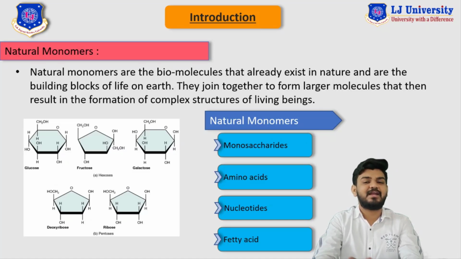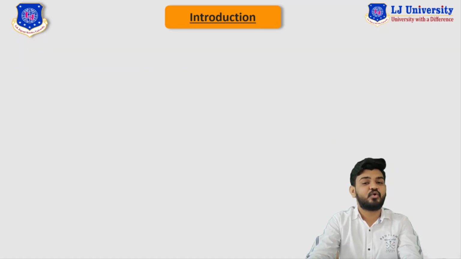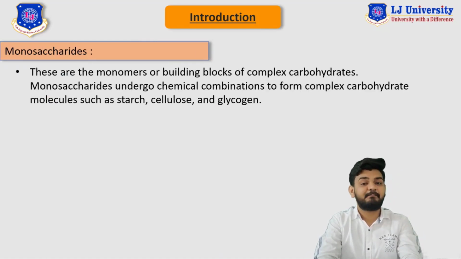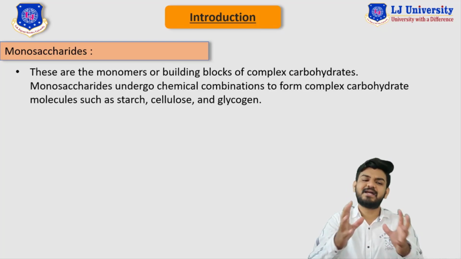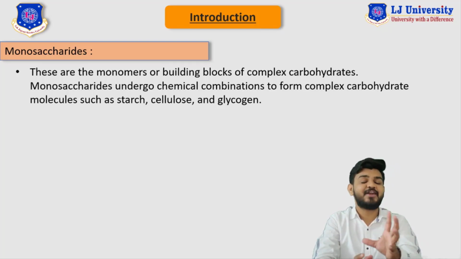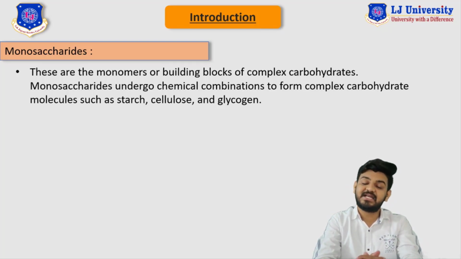So now let me introduce you to the monosaccharides. These are the monomers or building blocks of complex carbohydrates. Monosaccharides undergo chemical combination to form complex carbohydrate molecules such as starch, cellulose and glycols. So we can say these are sugar-type compounds.